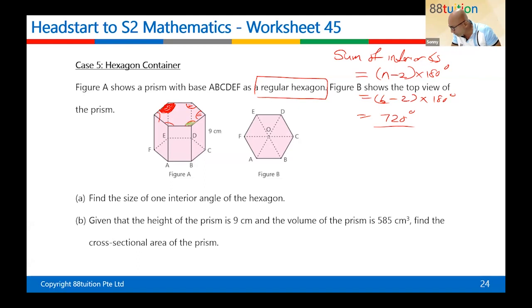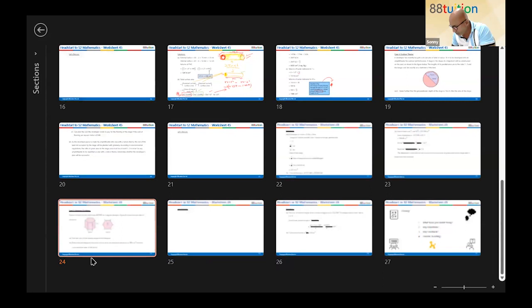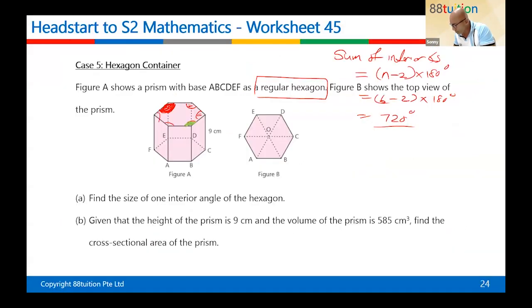They asked you to find this angle here. So one interior angle equals 720 degrees divided by 6. It will give you 120 degrees. All right. So guys, remember this.